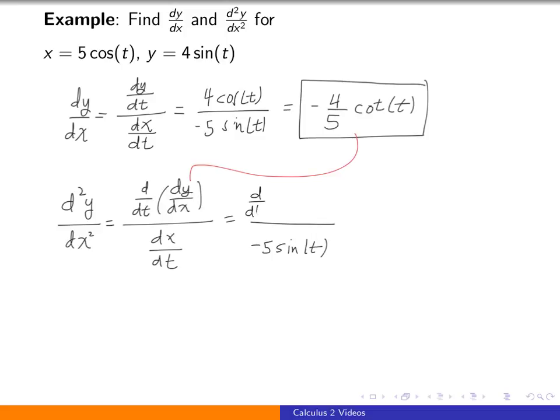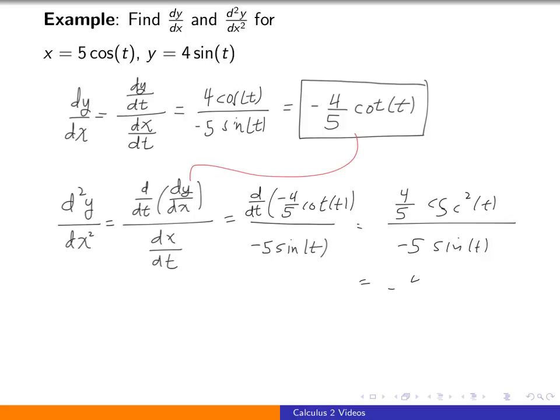So that would be d dt of minus 4/5 cotangent t. So recall that the derivative of cotangent is minus cosecant squared. So minus a minus is going to make this 4/5 cosecant squared of t. So putting everything together, we have the minus 5 in the bottom, giving us minus 4/25. Cosecant, recall, is 1 over sine, so cosecant squared times 1 over sine ends up being a cosecant cubed of t, which gives us our second derivative.